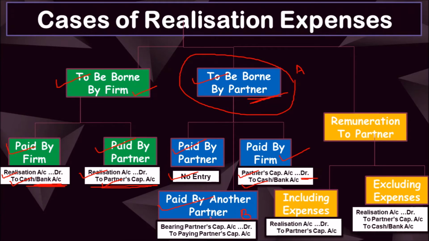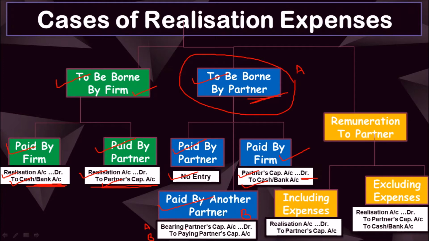Let's take for example, in that case what's going to happen? Bearing partner's capital account debit, meaning A's capital account will be debited. Why? Because he was supposed to bear it. And the paying partner's capital account, who is the paying partner here? B. So B's capital account will be credited in that case, understood the point?